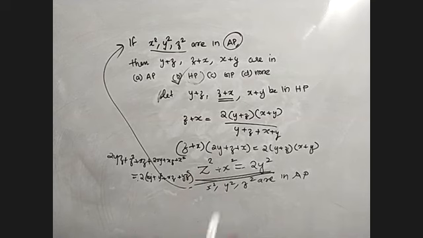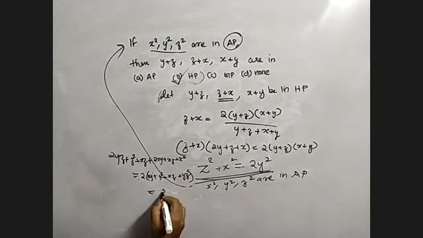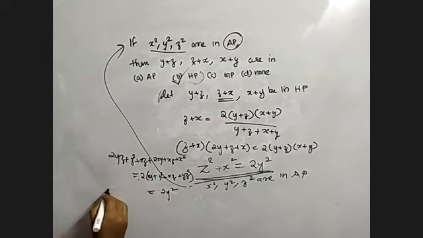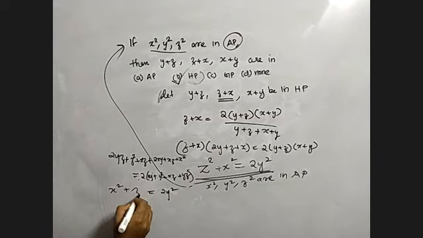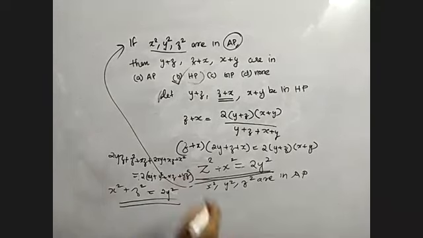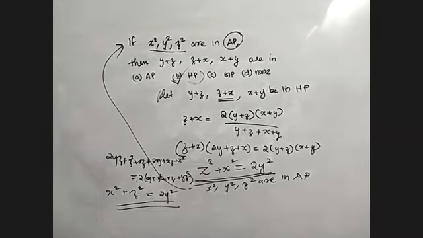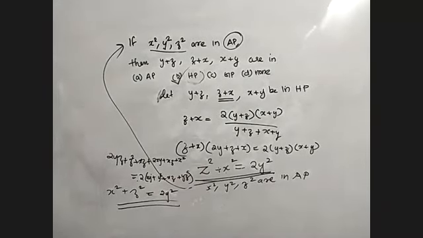Now all the terms will get cancelled. Only what will remain is 2y square and 2y square and x square plus z square. Cancel from both sides. Okay. Okay, ma'am.